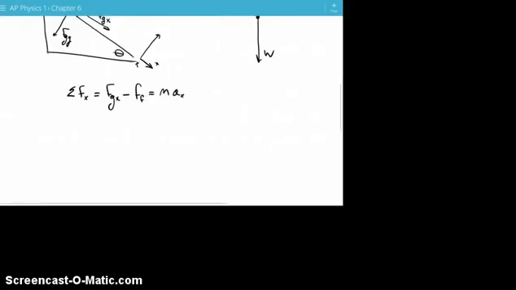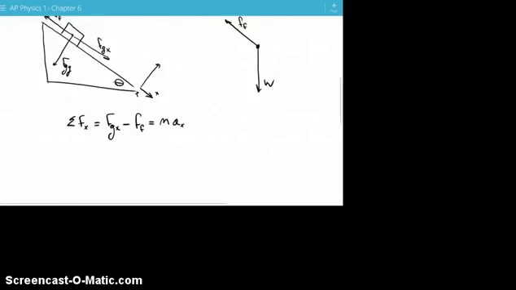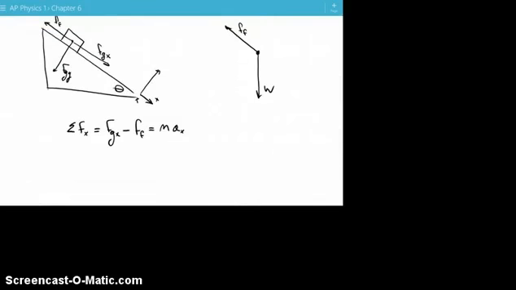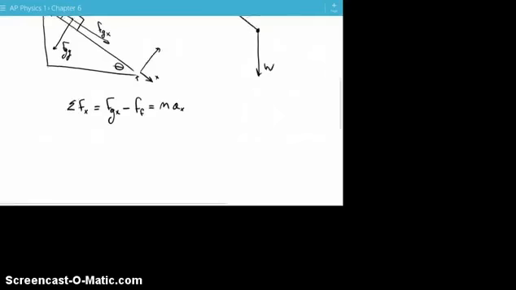And what's the expression for the component of the force that's along the incline? Do you guys remember? Yeah, it's mg sine theta.